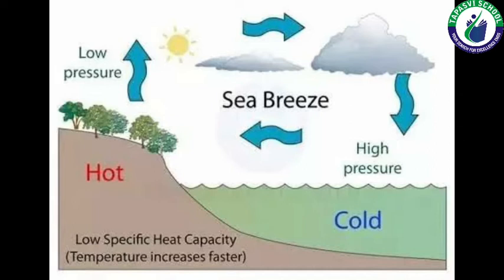As we know, the water gets heated slower, so the air over the water is cooler compared to the air over the surface of the land, right? So as the cool air from the sea moves towards the land, this is known as sea breeze.